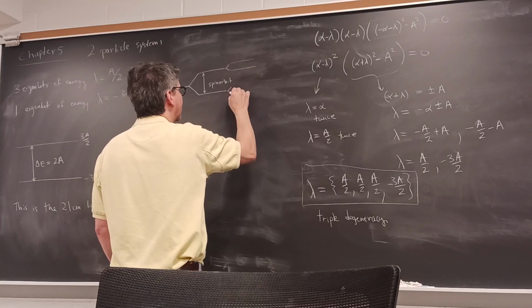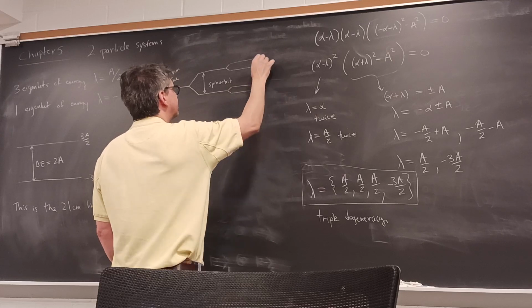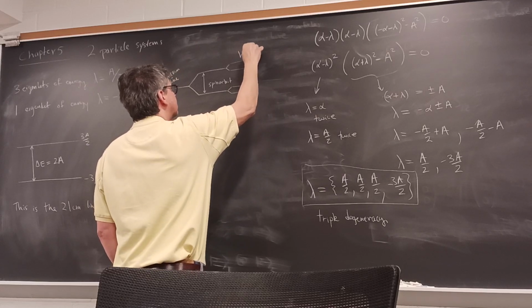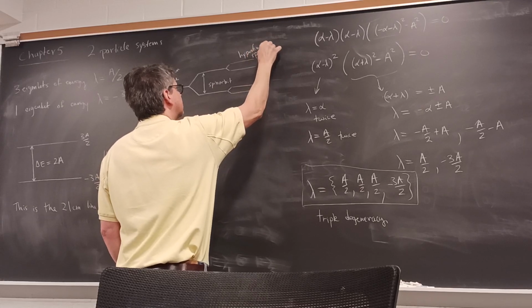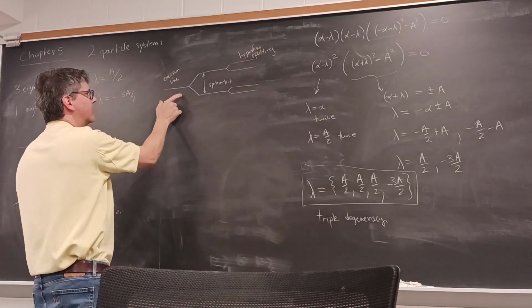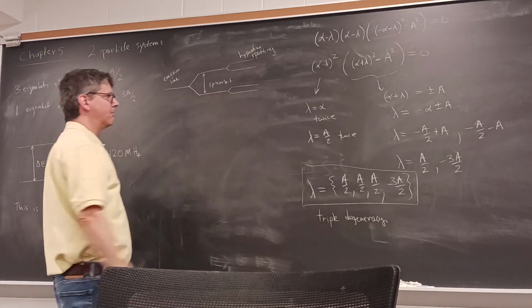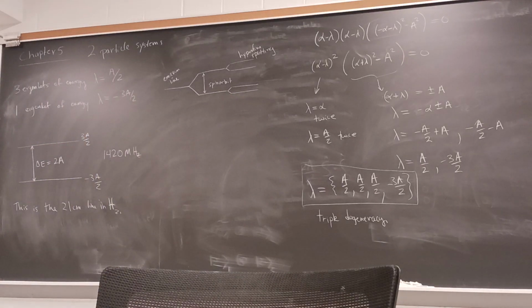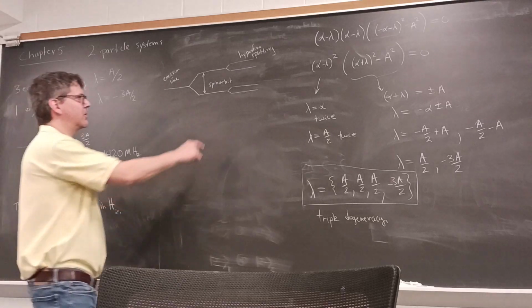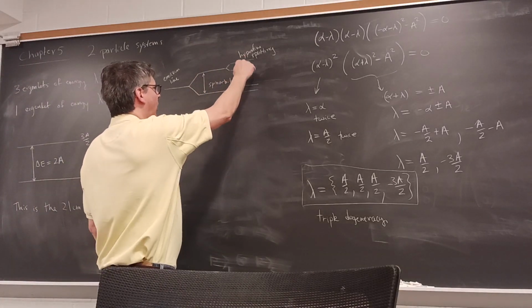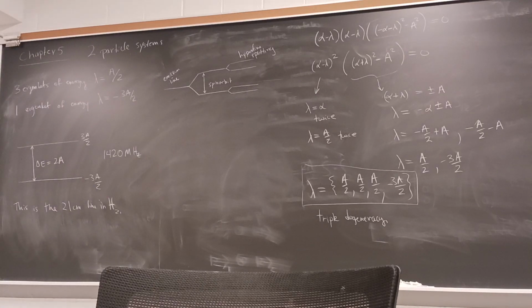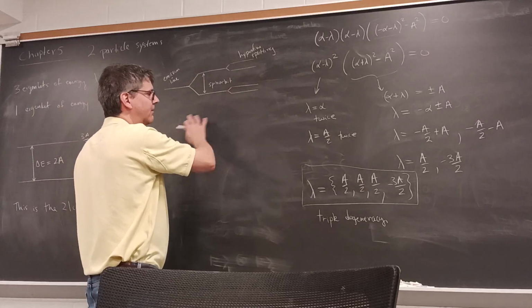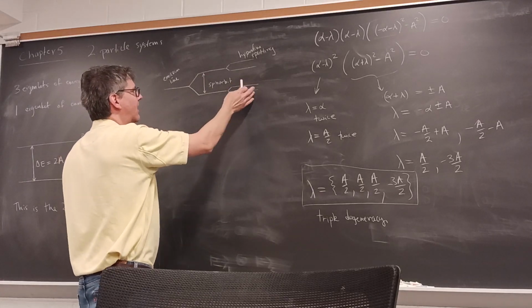That's the hyperfine splitting. So as you take into account more of these effects, you get more and more accurate answers for the actual eigenstates of the particle. This is just kind of a rough sketch.